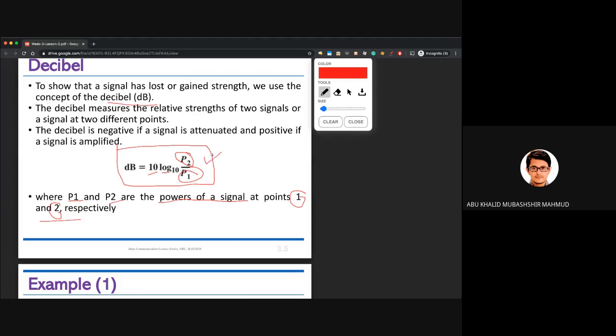We get the decibel value of a signal, which shows us if it has gained or lost strength.